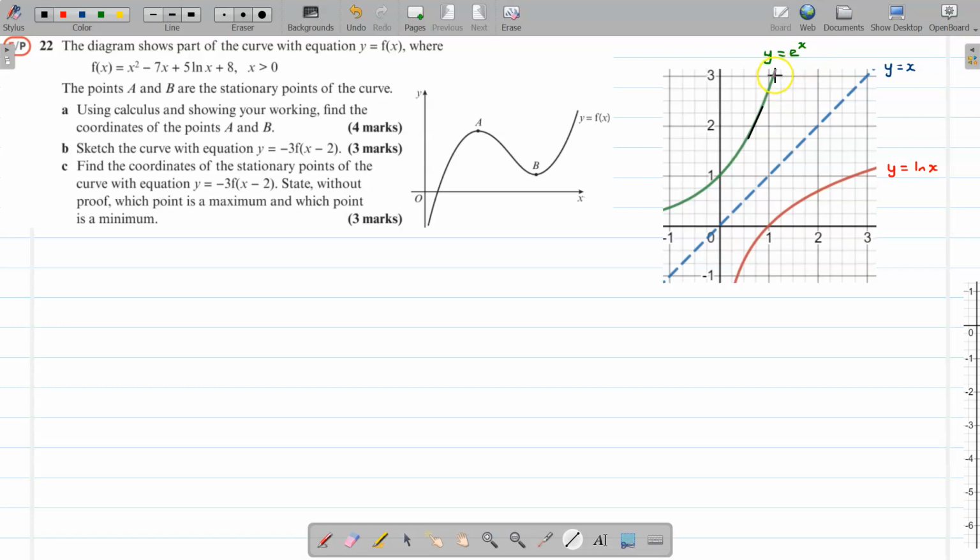So here y is 3, the gradient would be 3. Here y is 1, and the gradient of that part of the curve would be 1, you see.